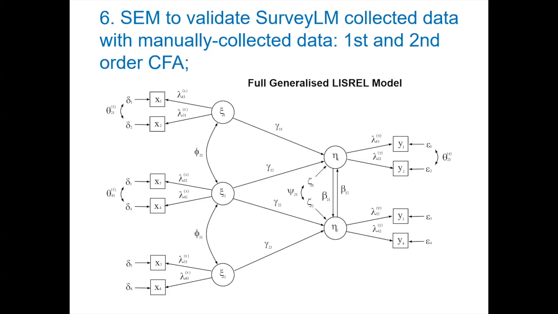This is the inputs. So these are just ability, benevolence, integrity, if you wish. And once again, does ability get explained by these survey items? So these are the questionnaire items, or the items that Survey LM would respond to. And once again, we've got errors. Yeah, and once again, we can set up intercorrelations between those things.